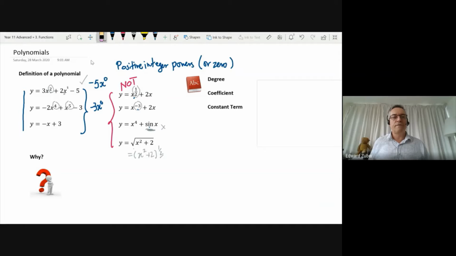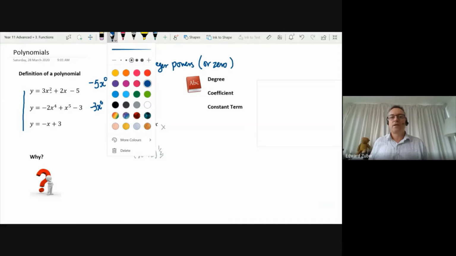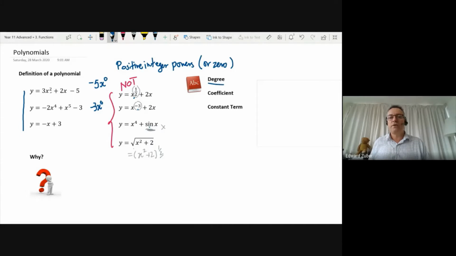All right, let's learn a few keywords. The first keyword is the degree of the polynomial. I'm going to tell you this first one is called a second degree polynomial. This one's called a fifth degree polynomial. And this one's called a first degree polynomial.